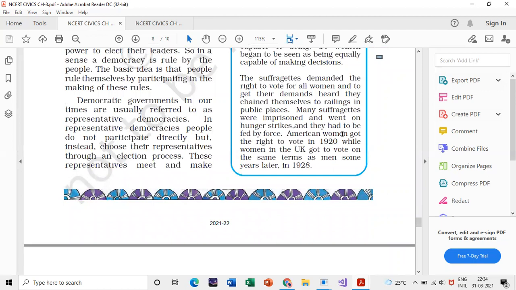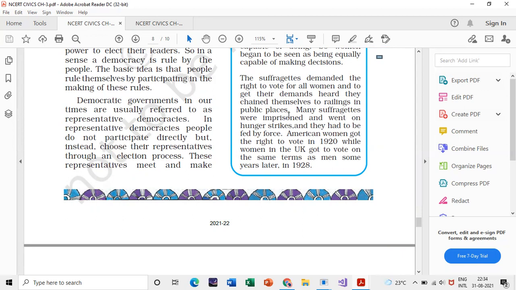Because you can get different questions here, like why hunger strike? Why was the hunger strike done due to the suffrage movement? Here is the answer, that women went on to hunger strike.